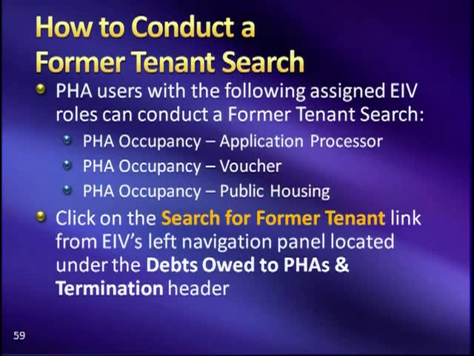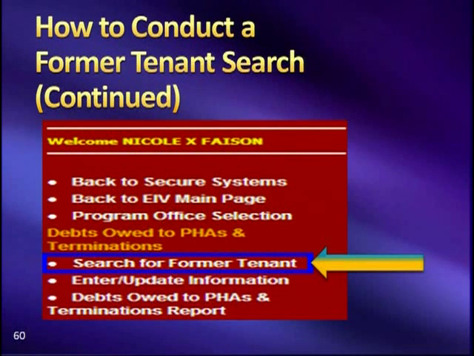As we go through this training today, you will see the various features that are available to the application processor role. To do this search, you would simply click on the Search for Former Tenant link, which is located on the left navigation panel under the Debts Owed to PHAs and Termination header. Here on the screen is your left navigation panel, and the arrow shows where you click to search for former tenants.